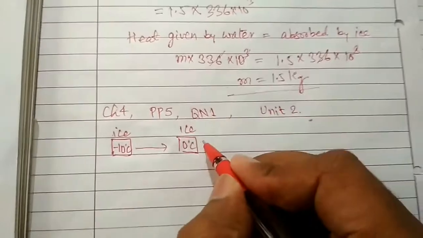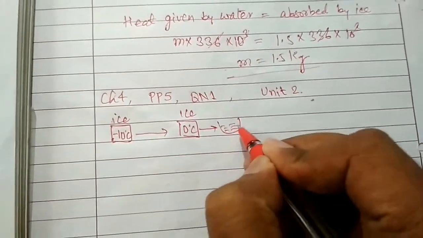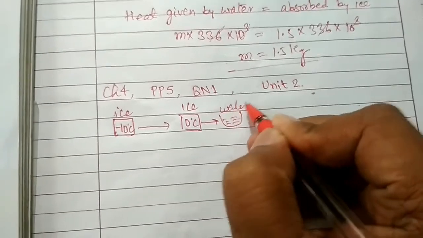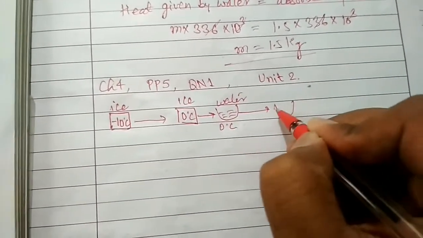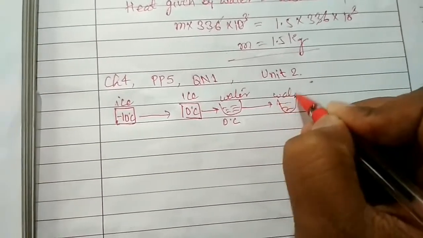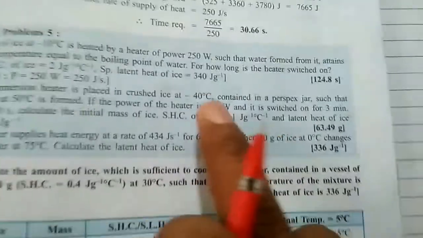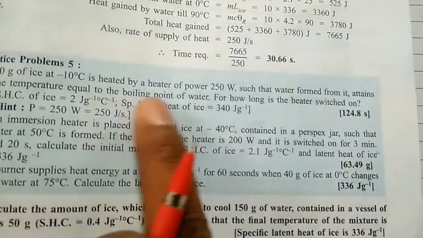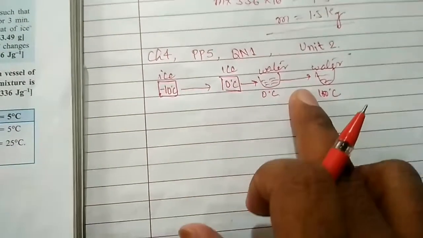So this ice at 0 will convert into water at 0 degrees Celsius, then it will convert to water at 100 degrees Celsius. Here we are only talking about the boiling point of water. So there are 3 steps.